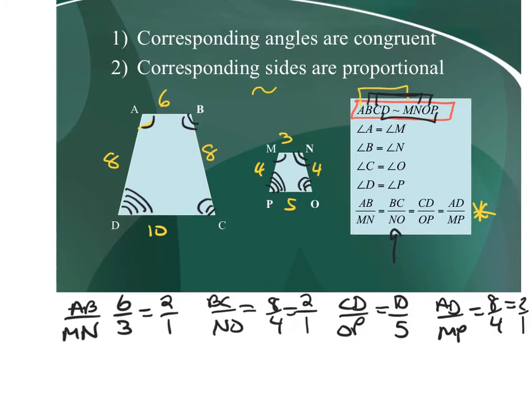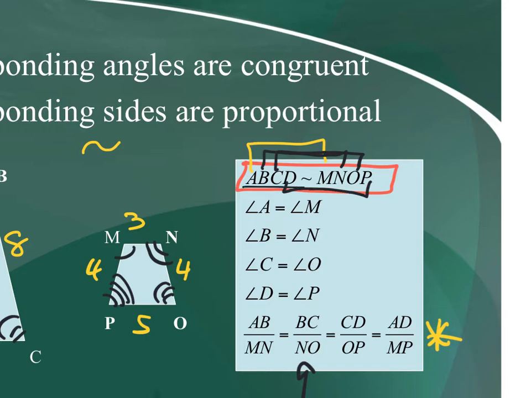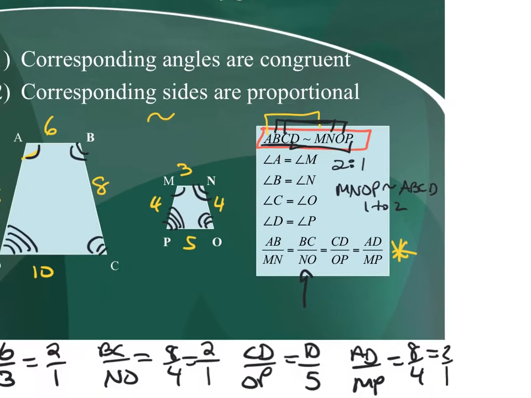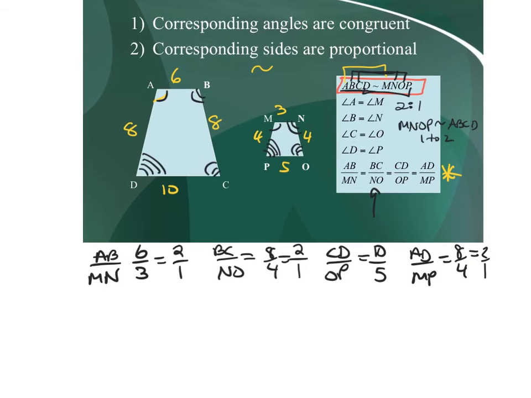Notice the order of the letters, how they gave it to me as A, B, C, D to M, N, O, P. That's why I need to write it as 2 to 1. If I had reversed it and said, give me the scale factor from M, N, O, P to A, B, C, D, then it would be 1 to 2. Remember there are three ways to write a ratio.